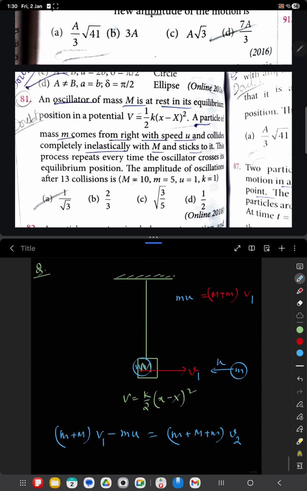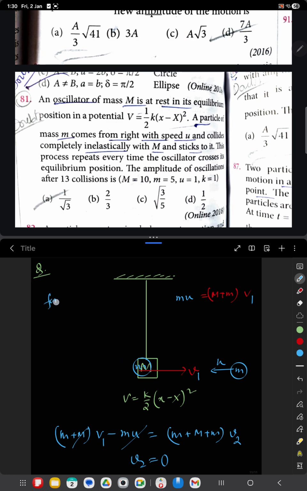So you can clearly see that this gets cancelled out, v2 will be 0. Whenever the first mass strikes, this gains a velocity. Whenever the second mass strikes, the velocity becomes 0. Whenever the third mass strikes, it gains a velocity again. But while coming back, when the fourth mass strikes, it will have velocity 0.